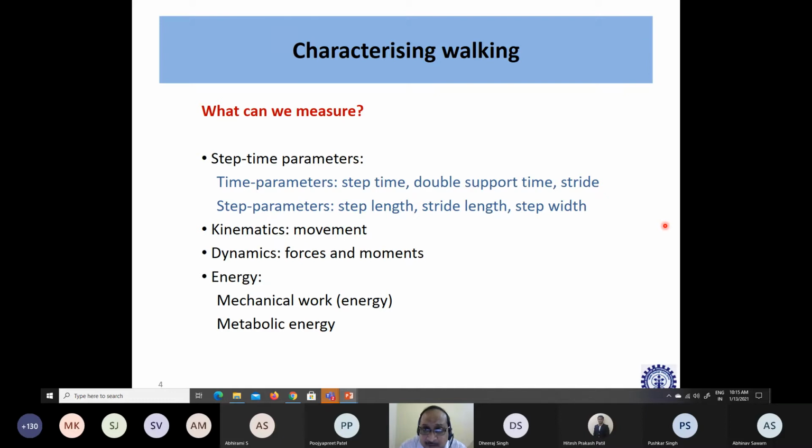There are time parameters: step time, double support time, stride time, and there are step parameters: step length, stride length, and step width. You can find all these things in the video lecture of the gait course.